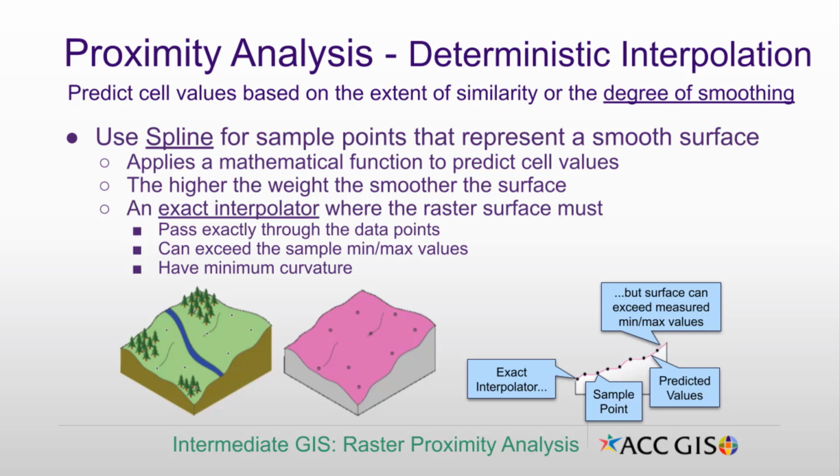And notice on the very right-hand side of the splined line, the predicted values exceed the maximum value for the sample point. And that's because, right, spline can exceed the sample min and max values. So once you've created your splined line between the sample points, you can use that to predict the values between the sample points and generate your raster surface.